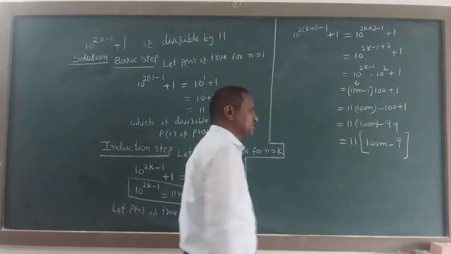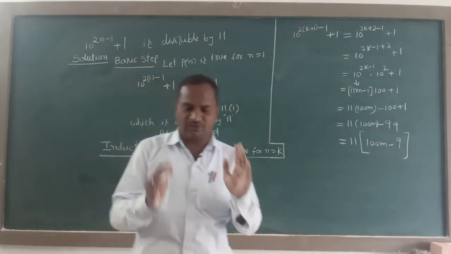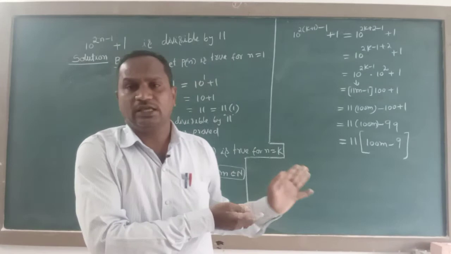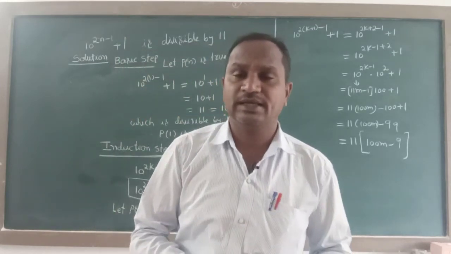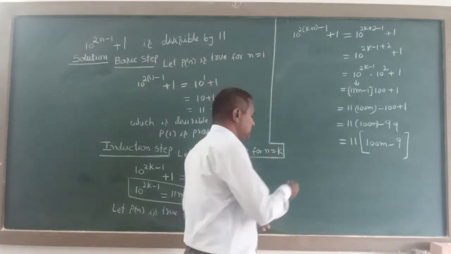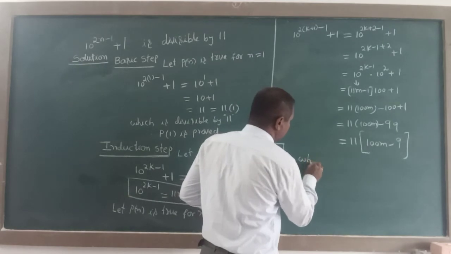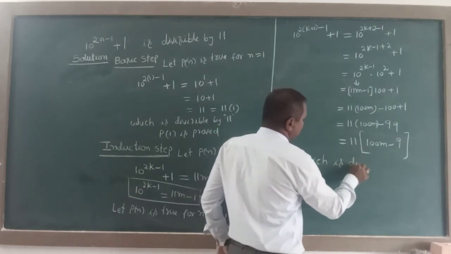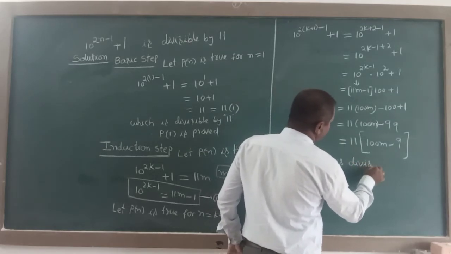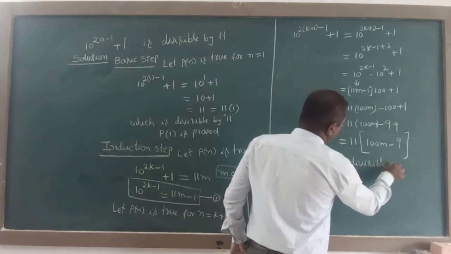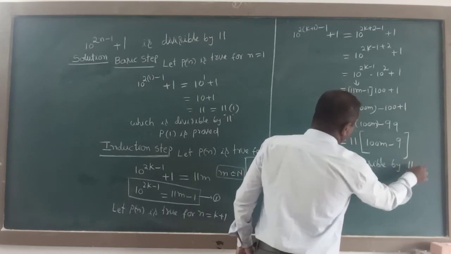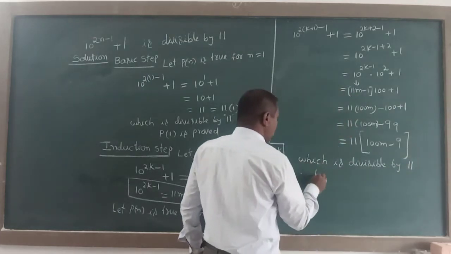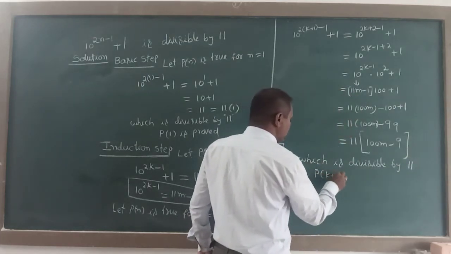And 11 into some perfect number means definitely it is divisible by 11. Therefore, P of k plus 1 is proved.